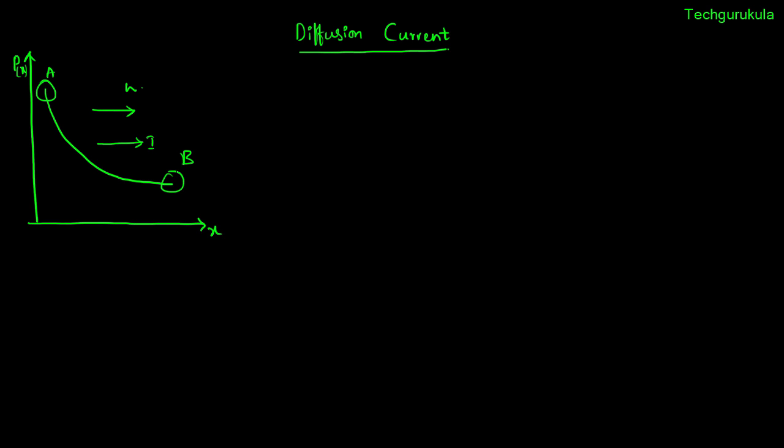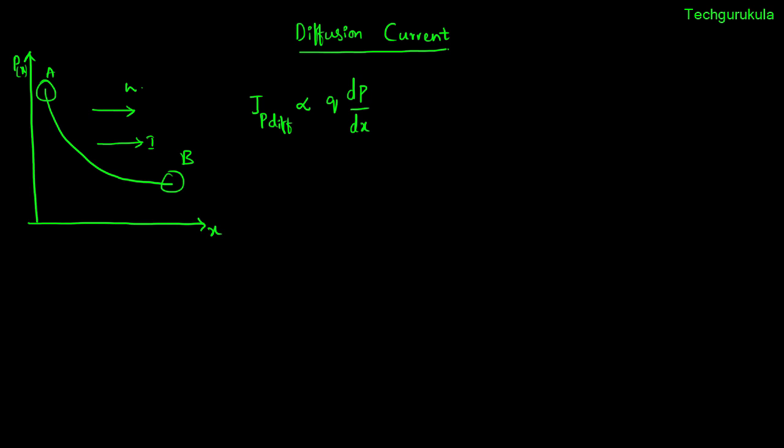So similarly, as we defined in electron diffusion current, we're defining here Jp diffusion, indicating this is the diffusion current density for holes, which will be directly proportional to q times the concentration gradient of the holes.